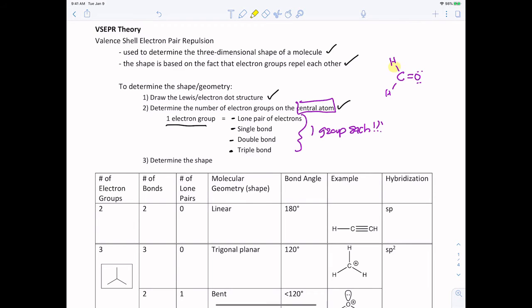I have a single bond, I have another single bond, and I have a double bond. So that's going to be 3 electron groups, right? Even though that double bond is 4 electrons, it's only in one spot, right? It's one group of charge. We want electron groups. So I have charge in 3 different spots. I have charge here, I have charge here, and I have charge here. So 3 electron groups. So lone pair, single bond, double bond, triple bond are one group each. And then the shape is just based on those 3 groups repelling each other.